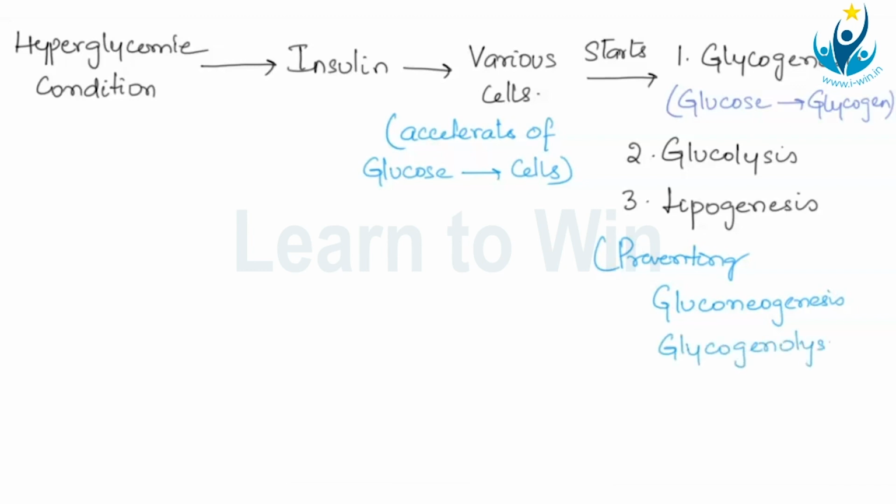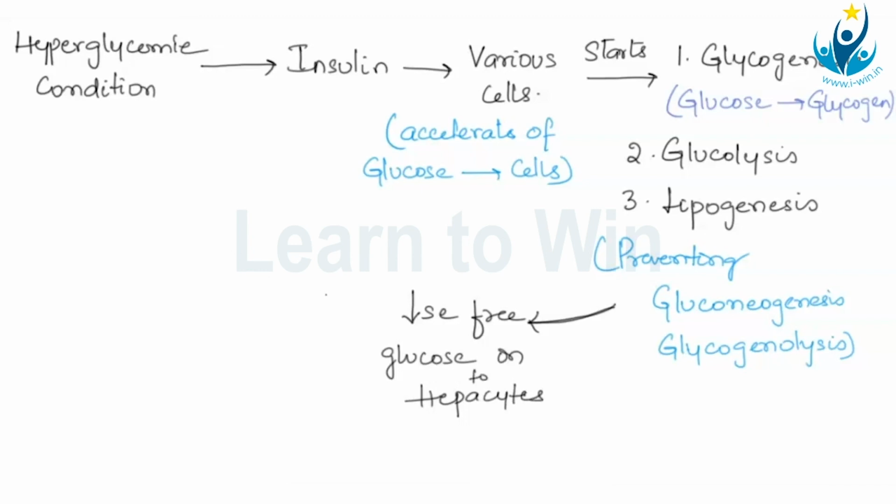Both these steps are prevented, and these three steps, glycogenesis, glycolysis and lipogenesis, are promoted. This results in the decrease of free glucose in the hepatocytes, so there is no more free glucose moving out of the liver cells.